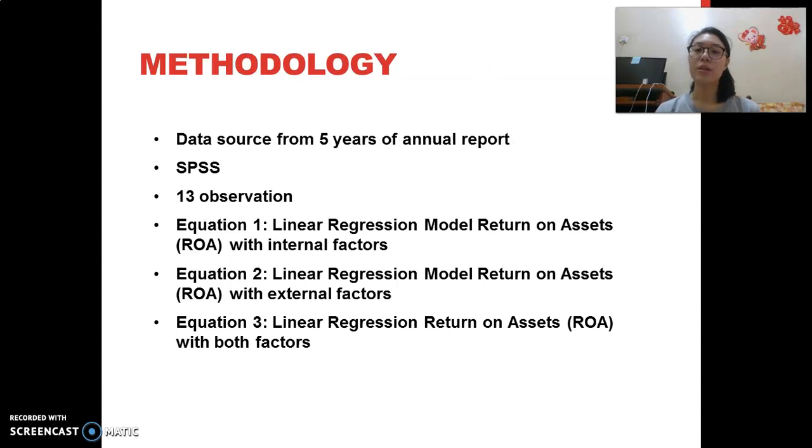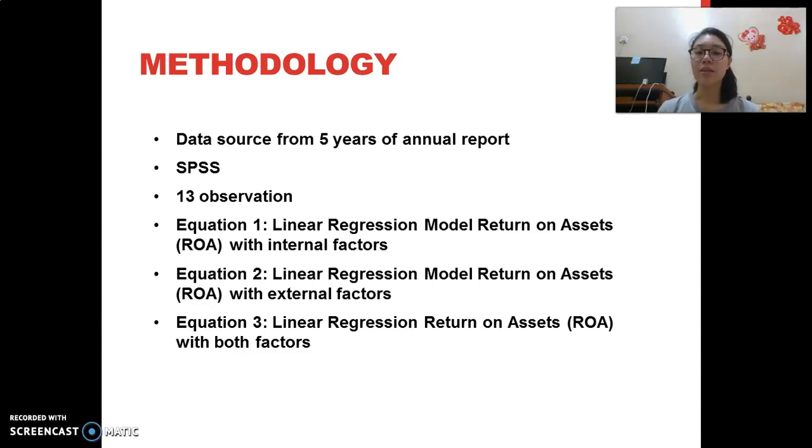For the methodology, I use 5 years of annual reports, from 2014 until 2018. I use SmartPLS to analyze the data. There are 13 observations.